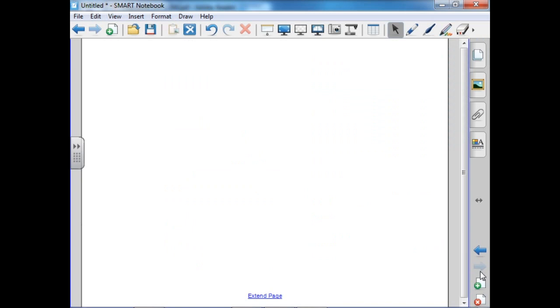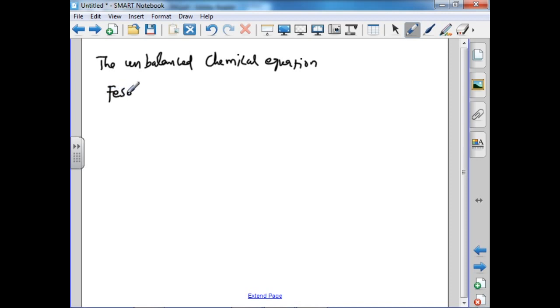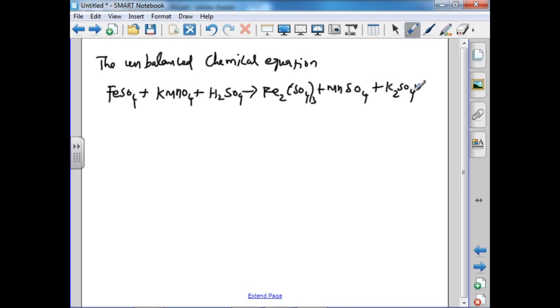The unbalanced chemical equation: FeSO4 plus KMnO4 plus H2SO4 gives Fe2(SO4)3 plus MnSO4 plus K2SO4 plus H2O. This is the skeletal equation.